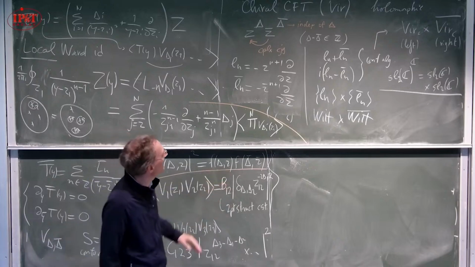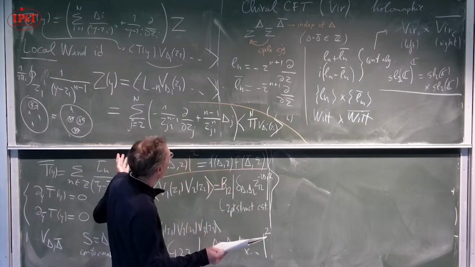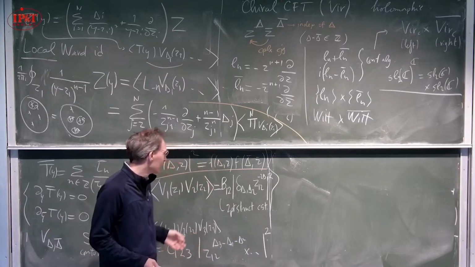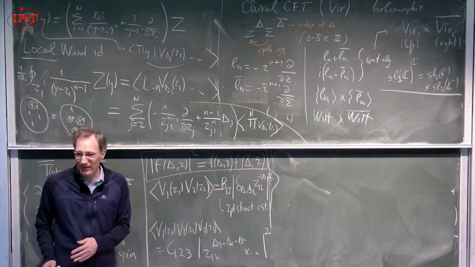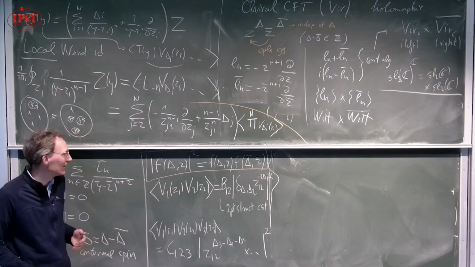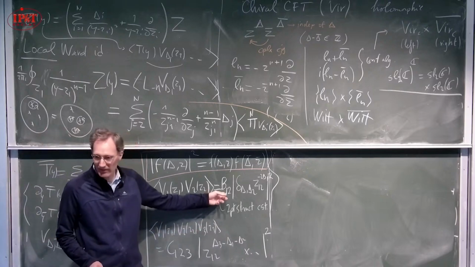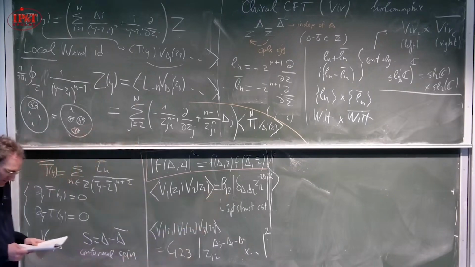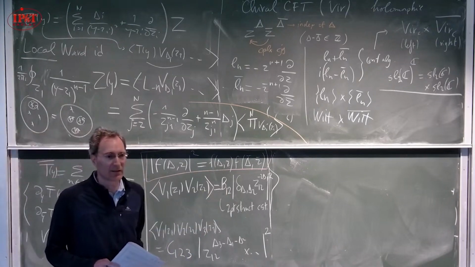My formulas were proportional, but proportionality meant I could have functions of z bar, which means anti-holomorphic functions of z. Now I have fixed the anti-holomorphic dependence as well, so I can write them as real constants.